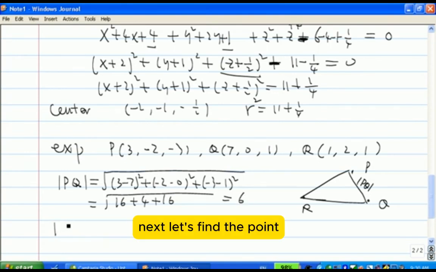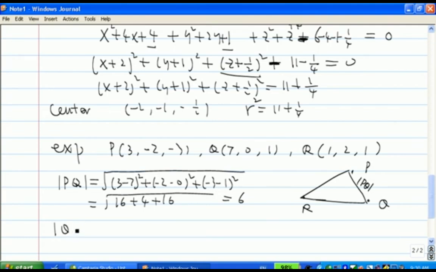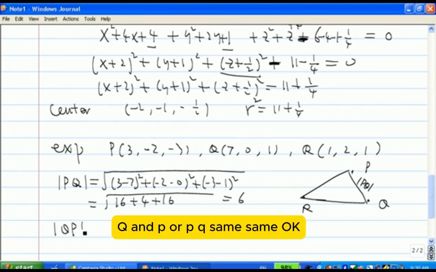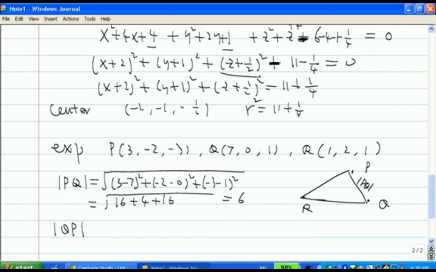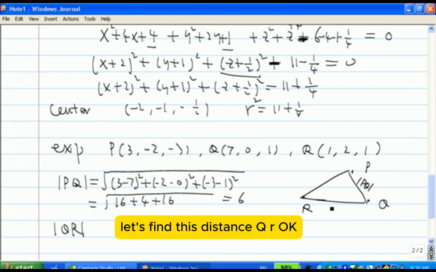Next, let's find the distance between Q and R. Let's find this distance.